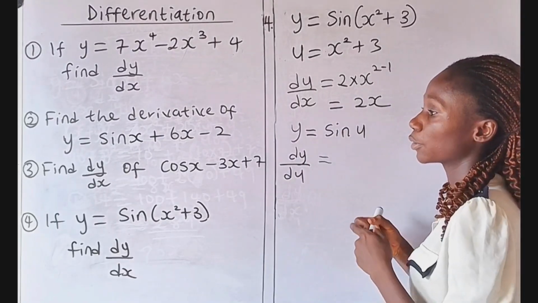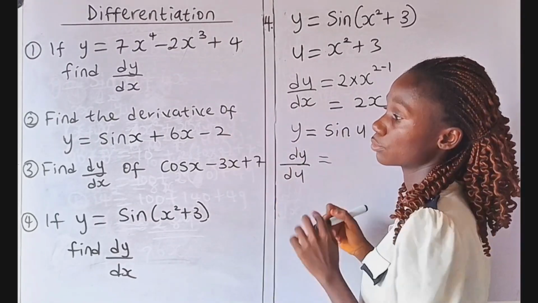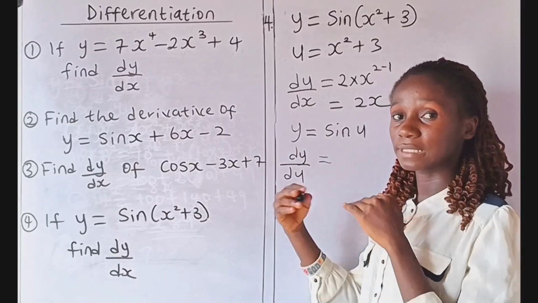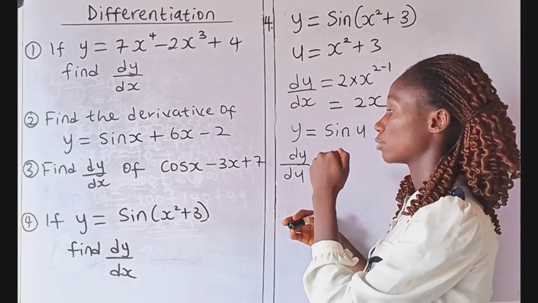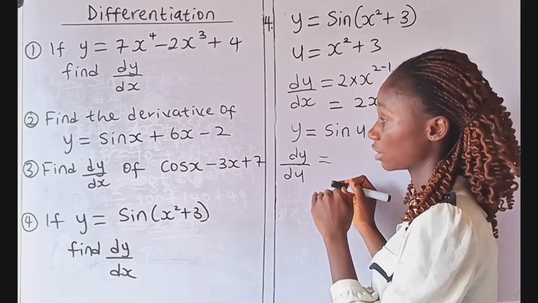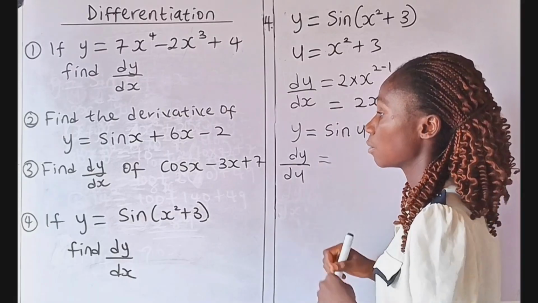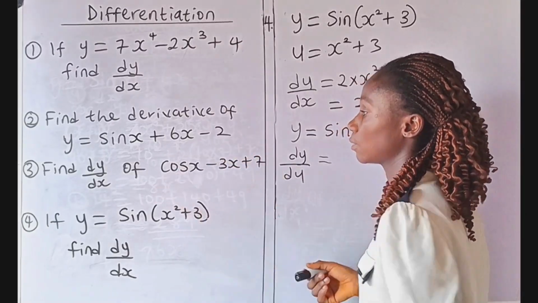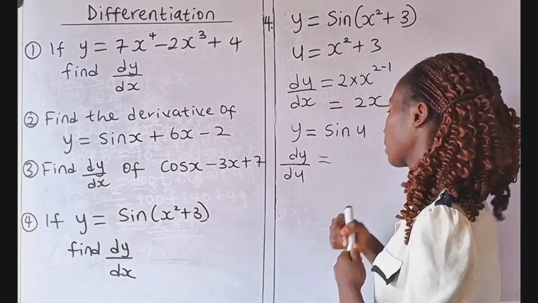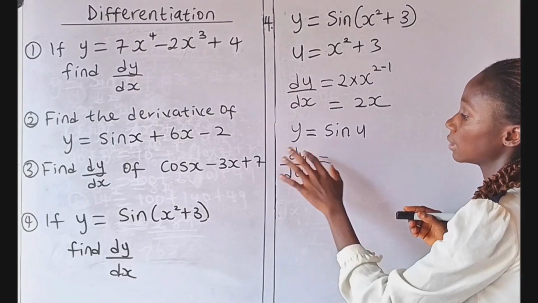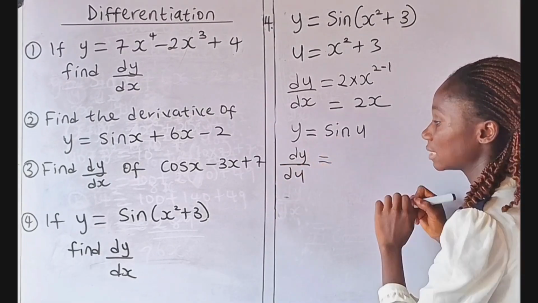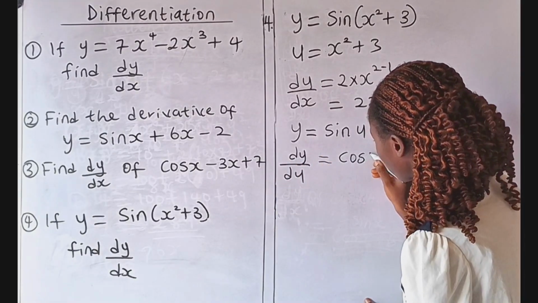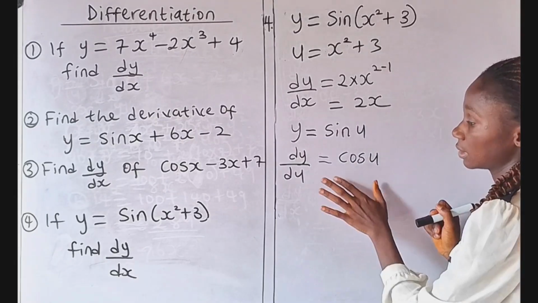I said in question 2 that when differentiating sine, it becomes positive cos. But if you are differentiating cos, it will be a negative sign. So the dy/du of sine u is simply positive cos u.